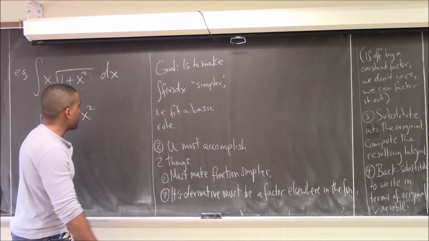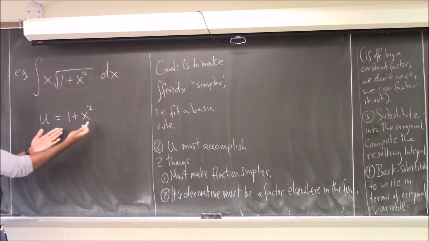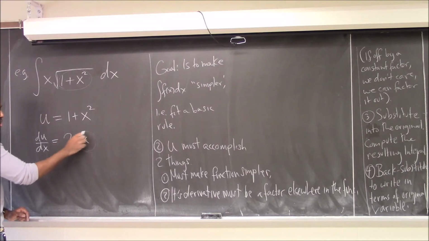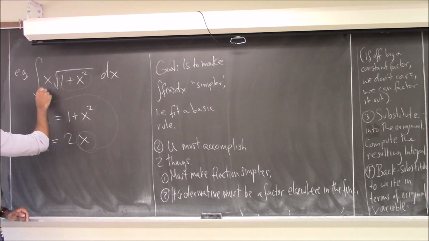Now, how do I know that I actually have a good substitution? Is that now I want to take derivatives. So if I take the derivative of u with respect to x, that will give me 2x. Okay. Now, remember I said we don't necessarily care about the constant, but the x part. Do you see that somewhere else in the function? It is right there.